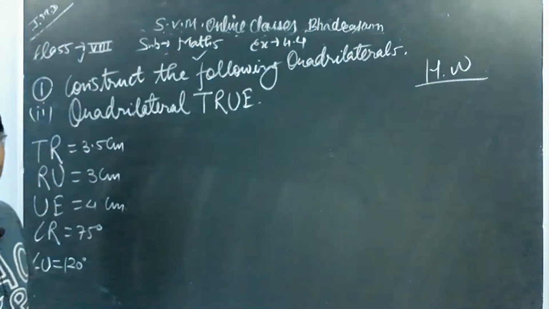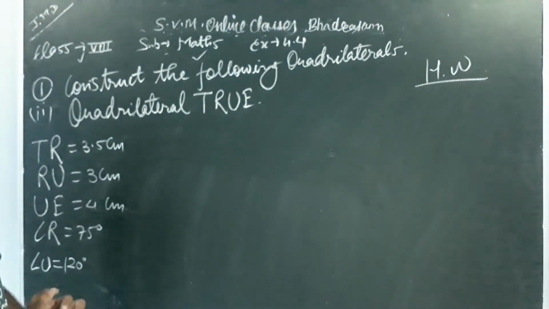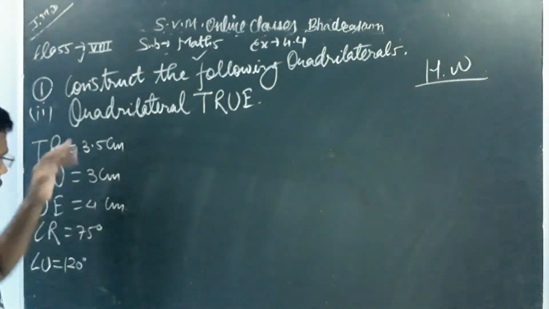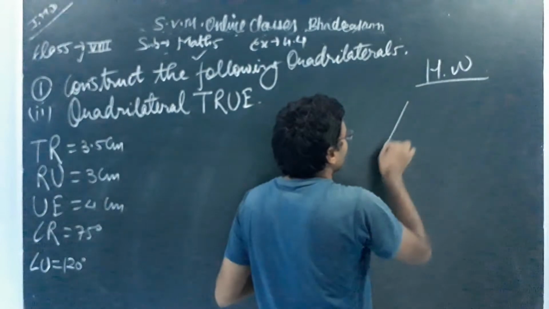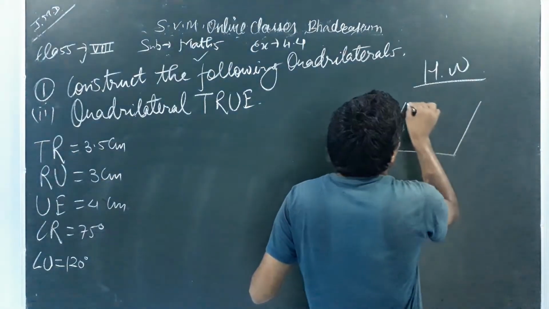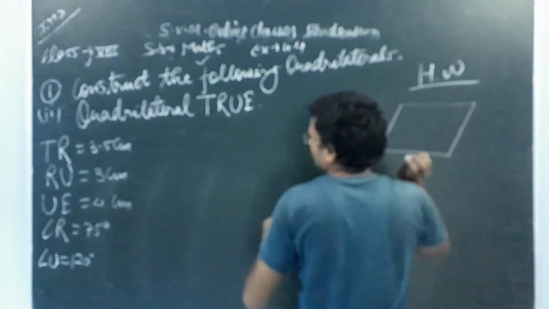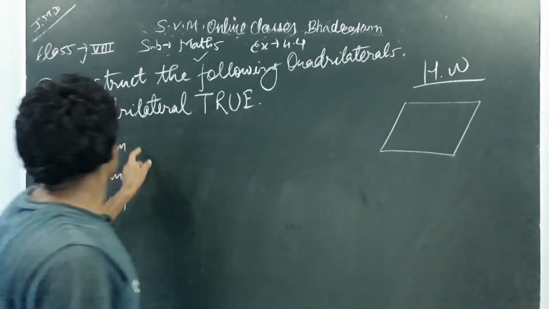First we will make a rough figure according to the given data. Listen, this is our quadrilateral TRUE, whose TR is given, RU is given.